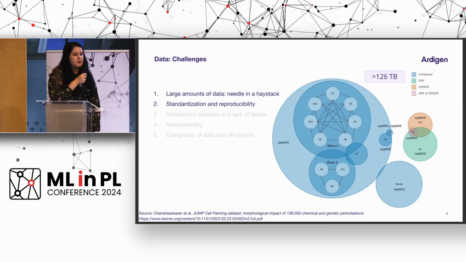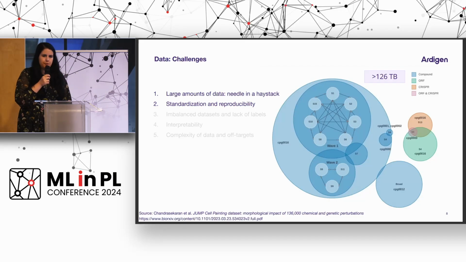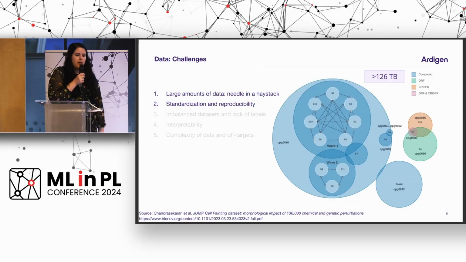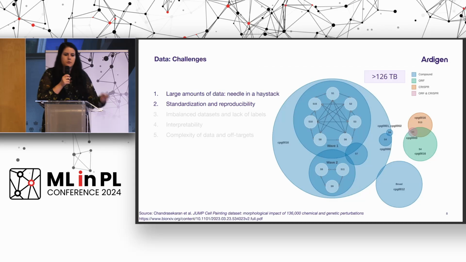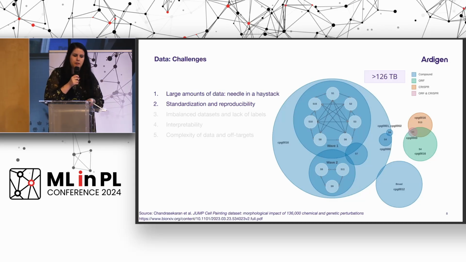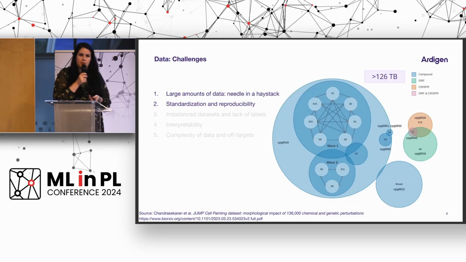However, here we have an example of the data that was created in the last 2 years by the JUMP Cell Painting Consortium. And they made a very big effort. They pulled 10 pharmaceutical companies and 2 nonprofits, and the companies shared the compounds between themselves. So each compound was screened at 5 different laboratories.